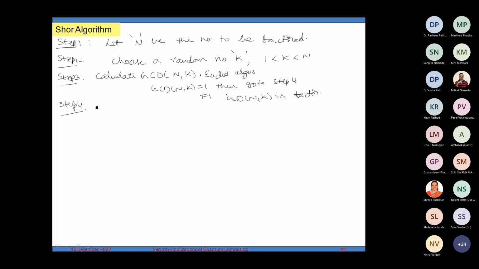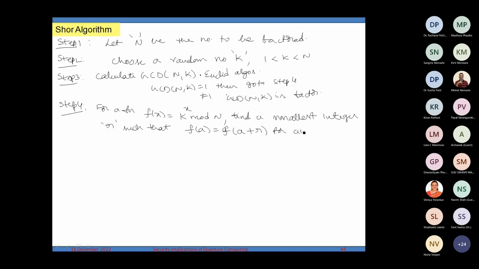What is step 4? Step 4 is an important step. For a function f of x equal to k power x mod n, the objective is to find the smallest integer r such that f of a is equal to f of a plus r for any a.